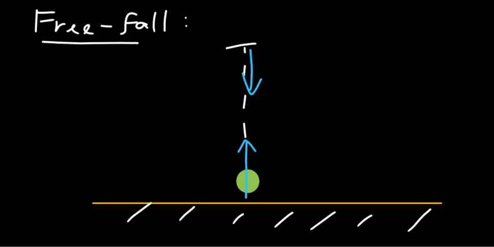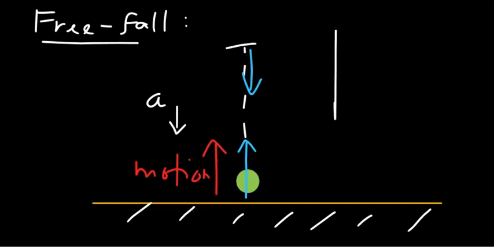When the object is moving upward towards that final point, its motion is upward. So that is the direction of the motion. However, we know the acceleration is always downward.